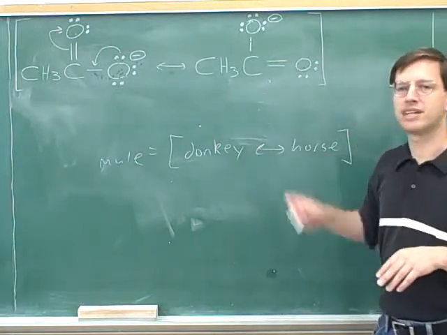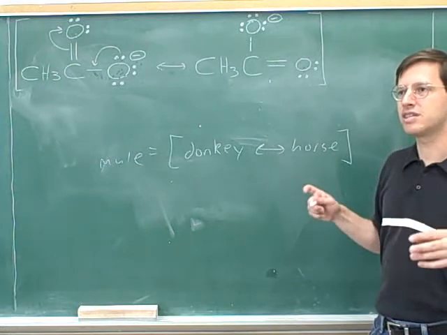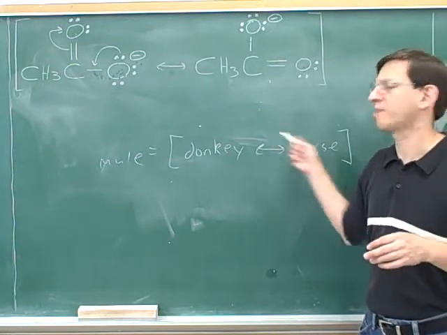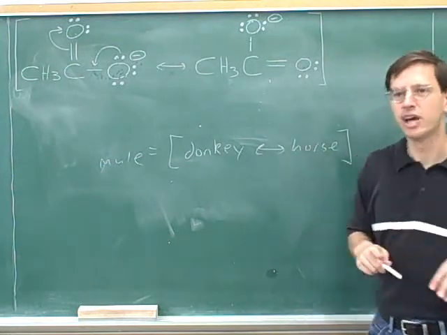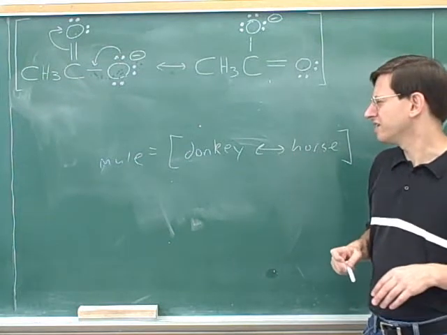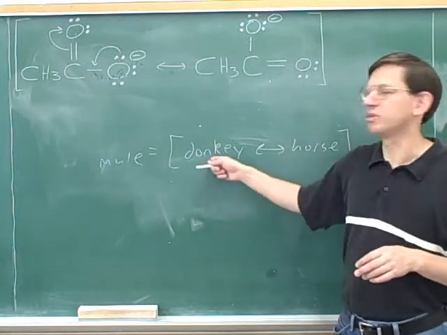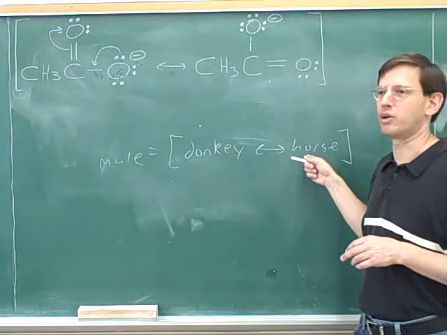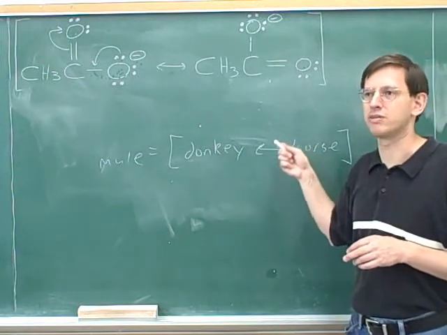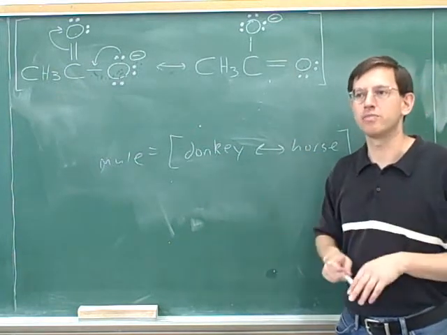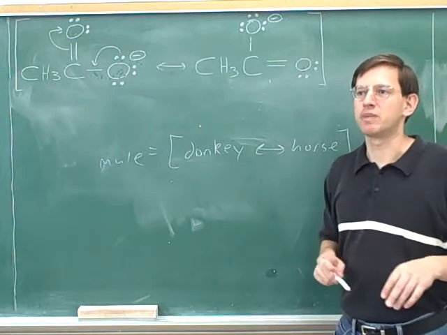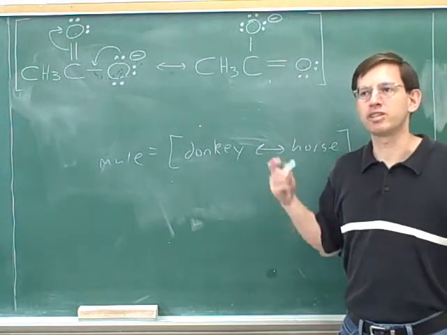Now, the really good thing about this analogy is that it forces you to see that resonance does not mean that we're flipping back and forth between the resonance structures. So, for example, we would not want to say that sometimes the mule looks like a donkey and sometimes it looks like a horse. It's not flipping back and forth between these two things. There's only one thing that the mule looks like. But if someone had never seen a mule before, they wouldn't have a mental picture of that.